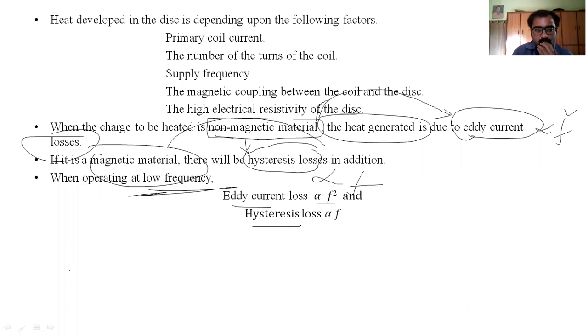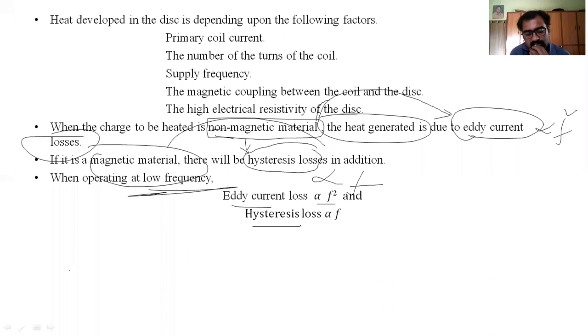When we operate the material at high frequency, the hysteresis loss produced is going to be very low compared to the eddy current losses. Why?